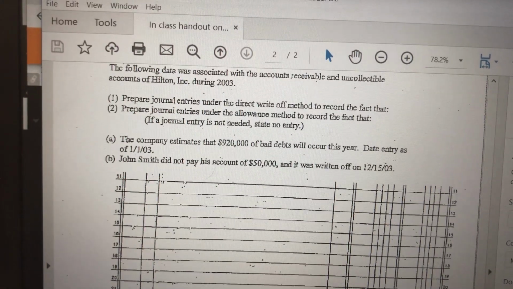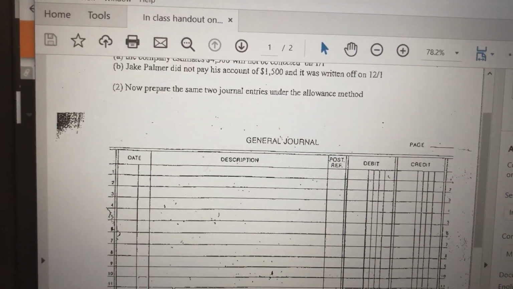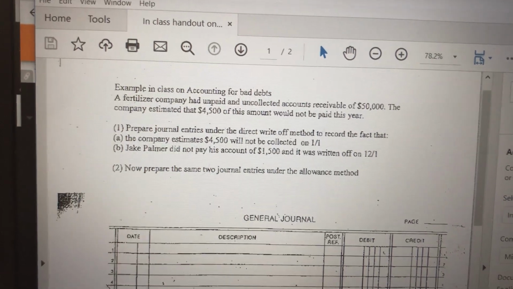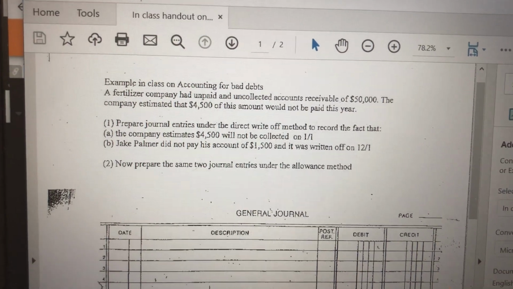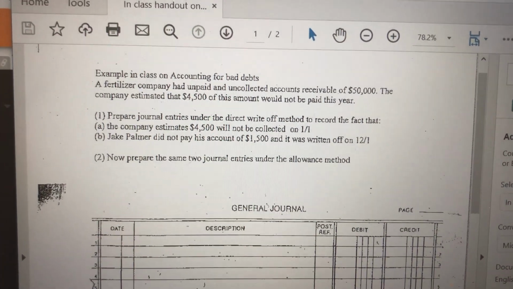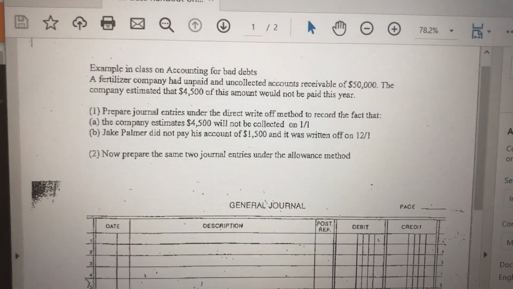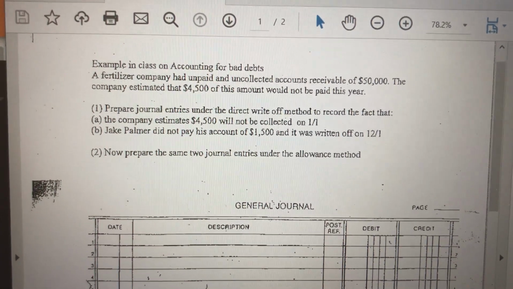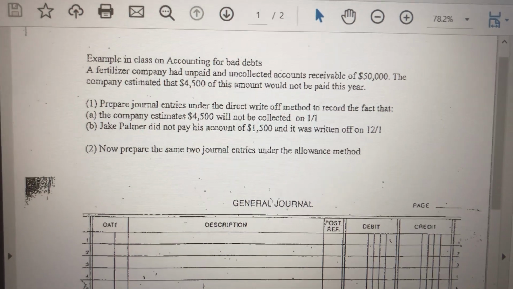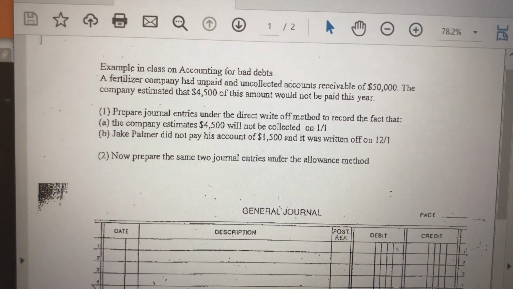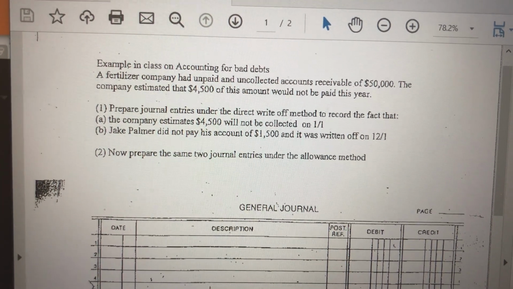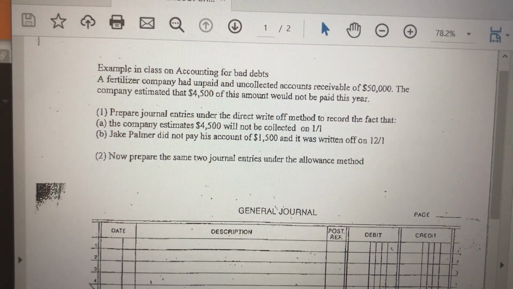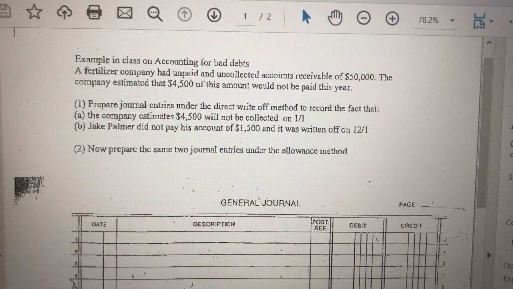This will be your homework problem. So while we're looking at the PowerPoints, I want you to pull up this in-class problem and let's take a look at it. This is a fertilizer company, and they estimate that there will be $50,000 of accounts receivable that won't be paid, and then there's going to be a guy in here who doesn't pay his account.